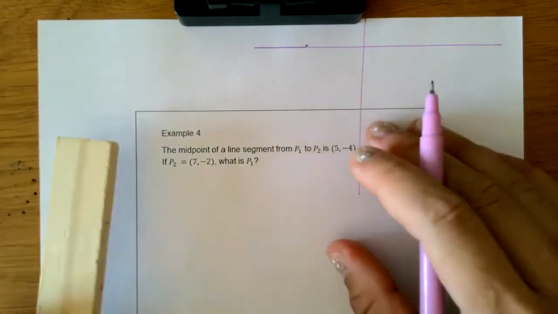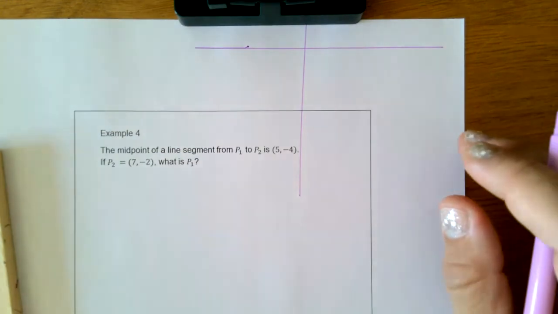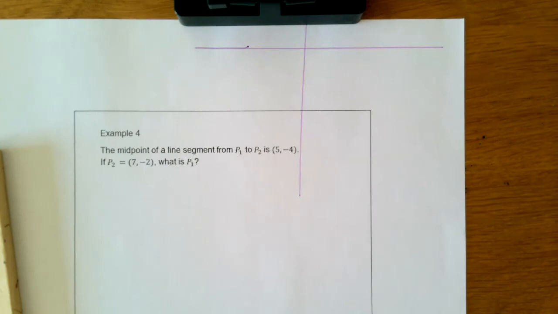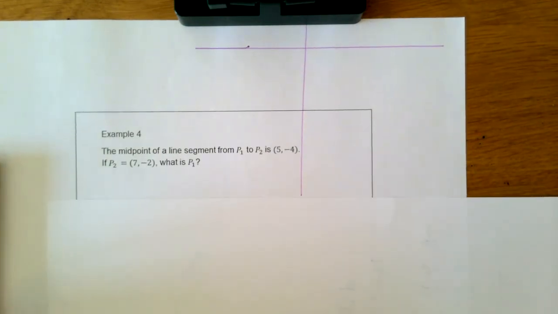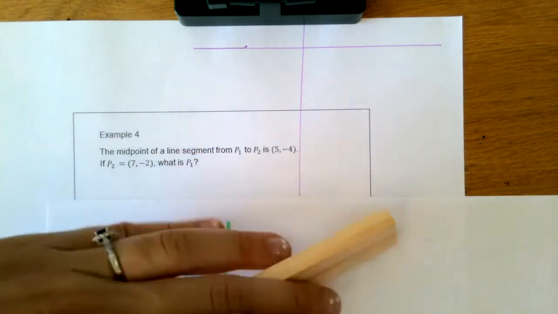It's too dangerous. I'm gonna do it over here. All right. The midpoint, we make a graph.